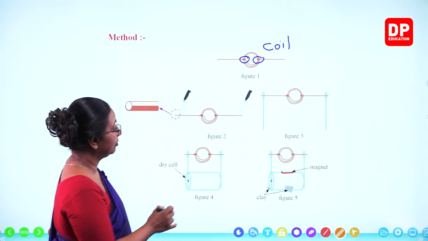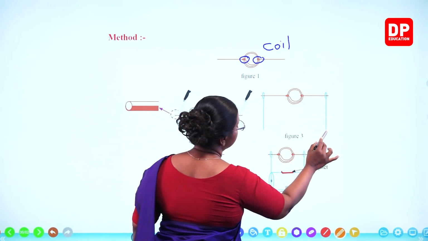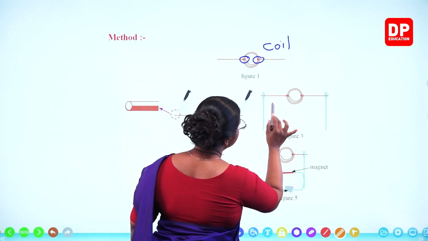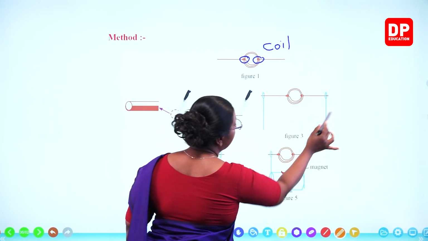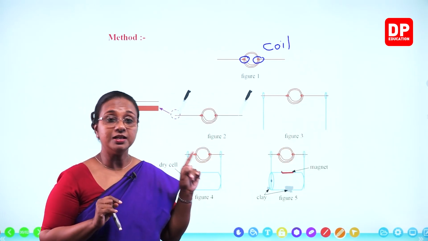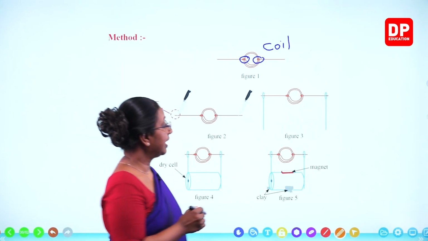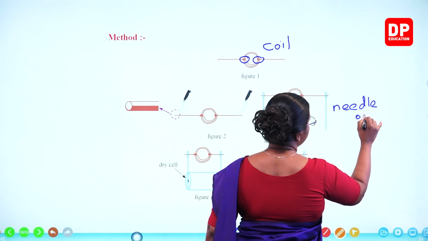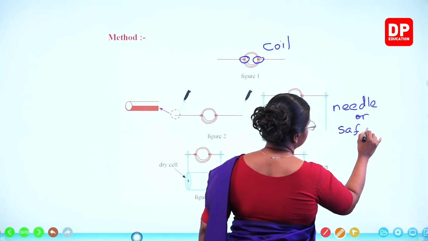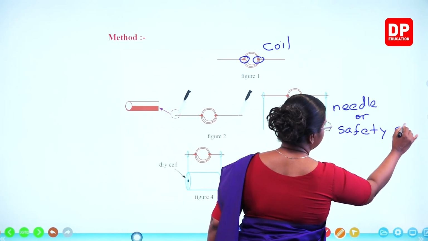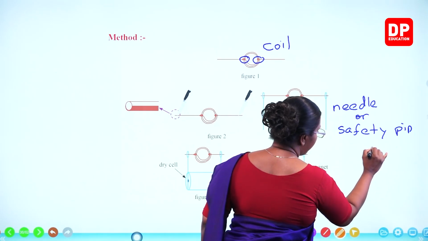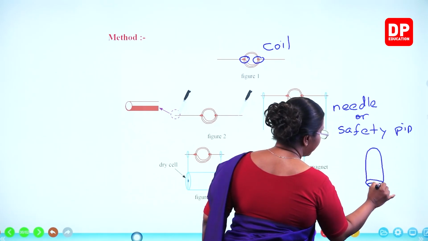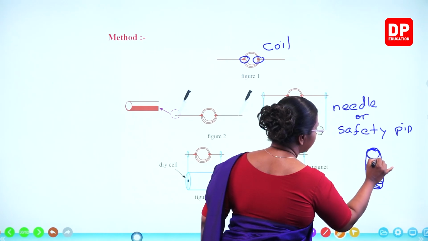After that, as shown in this diagram, you have the two needles. You have to put these free ends into the eyes of the needle. Like I said, it can be either the needle or a safety pin. Now the safety pin, you all know, has a shape like that, and here you have a coil.